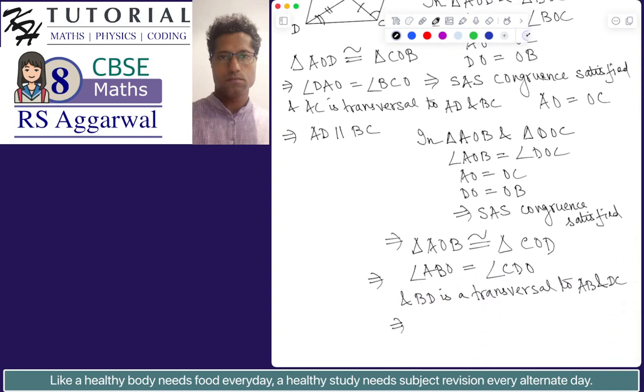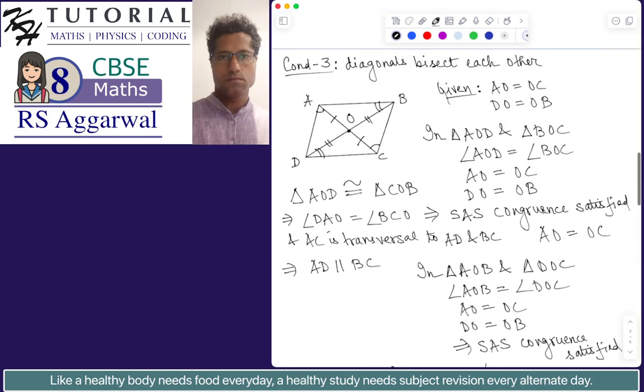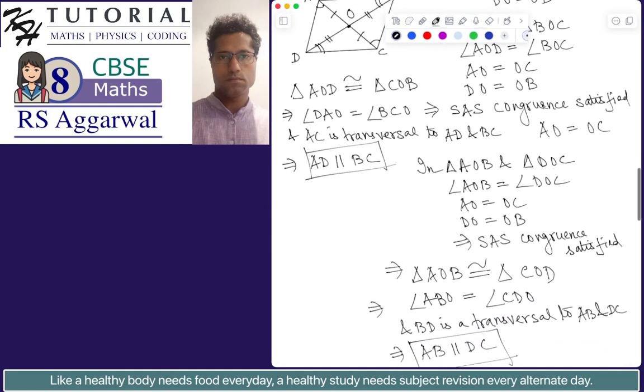So this implies AB must be parallel to DC. So we have proved that the pair of opposite sides AB and DC are parallel. Also we have proved that the other pair of opposite sides AD and BC are parallel.